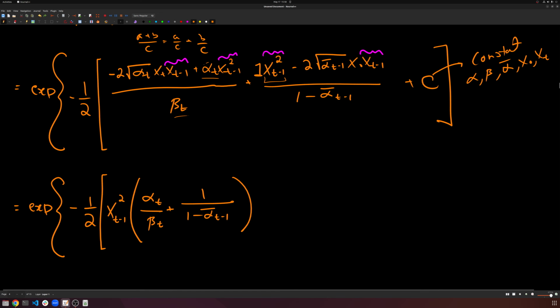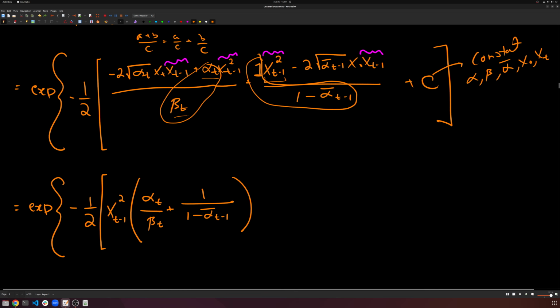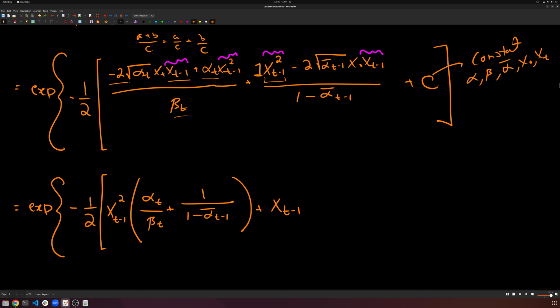I took this right here from xt minus 1 squared, and I took this right here from the other xt minus 1 squared, so we got both of those. And then similarly, we're going to do plus xt minus 1, so not squared. Xt minus 1 is paired with a negative 2 square root alpha t xt and a negative 2 square root alpha hat t minus 1 x0 xt minus 1, right?